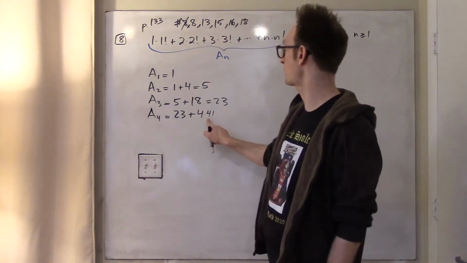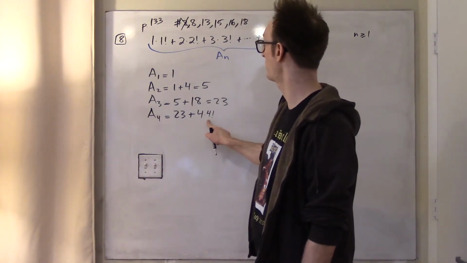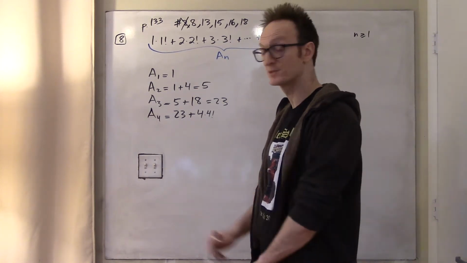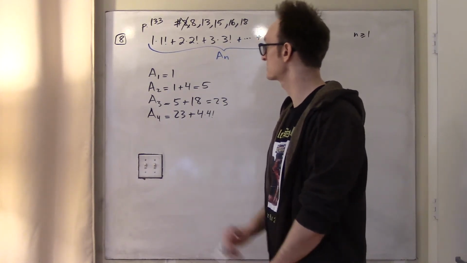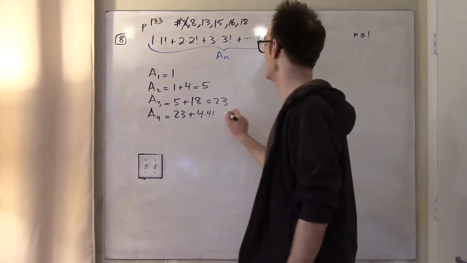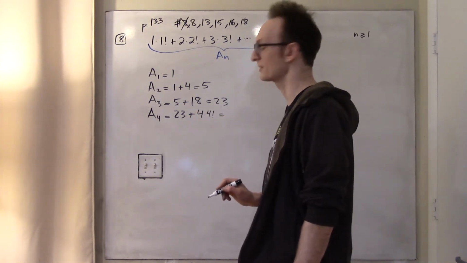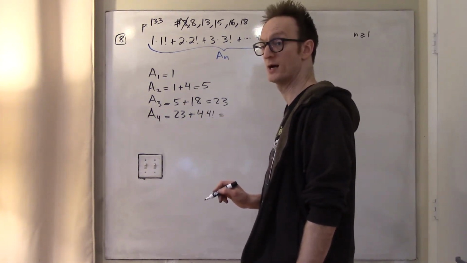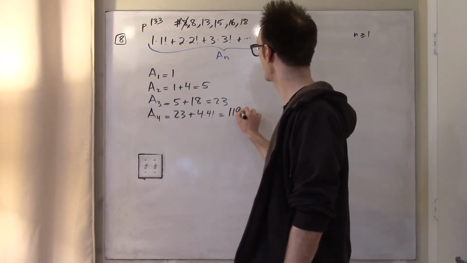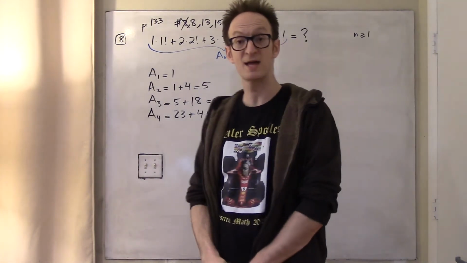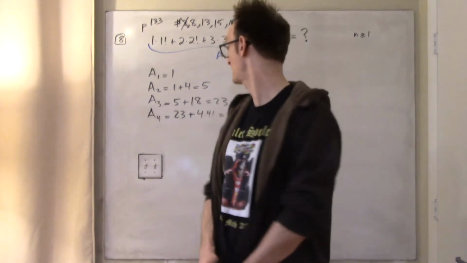So it's 24, but then times 4, so it's 96. 96 and 23 is 119. Right, did I do that right? 96 and 23 is 119.